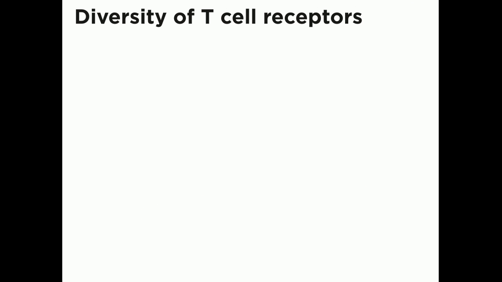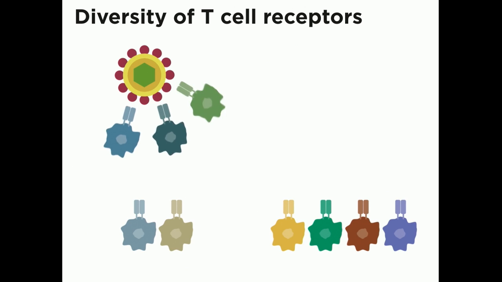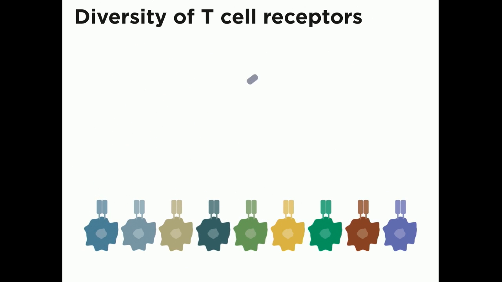So with that in mind, how do T cells give us the ability to respond to any bug that our body sees? It does that by having a whole repertoire of different unique T cell receptors, and we're talking about millions of them. So if all these colors represent different T cell receptors, when one bug comes along, we have a subset of T cell receptors that can respond to that.